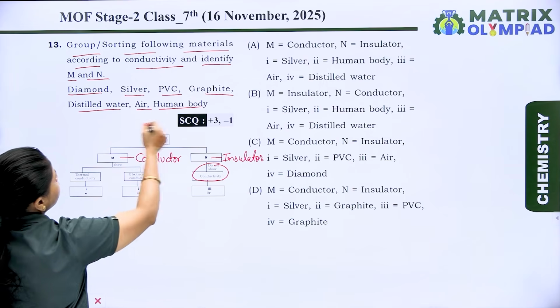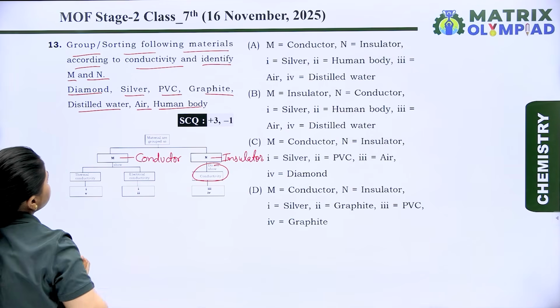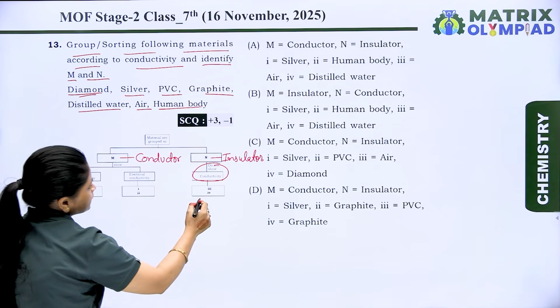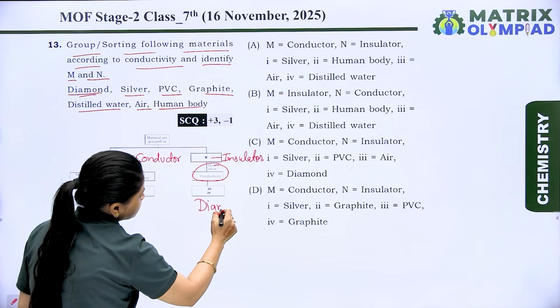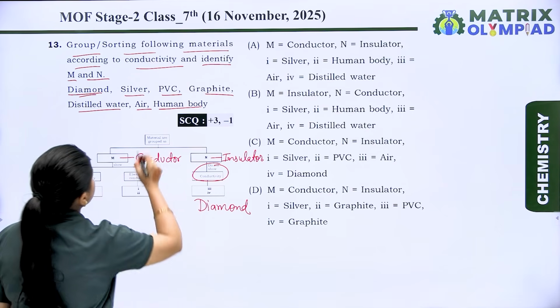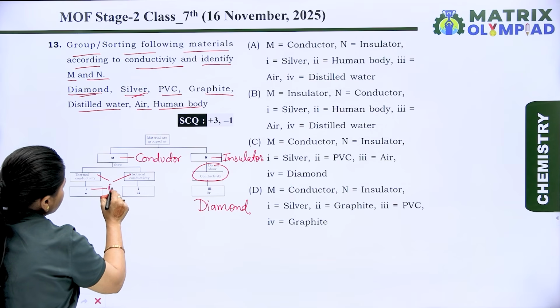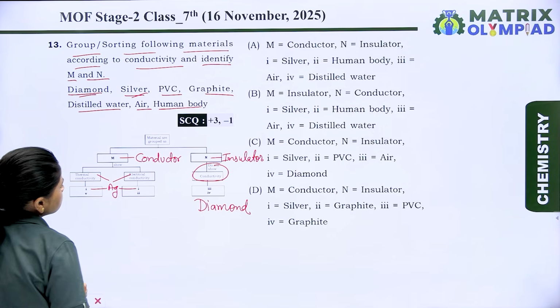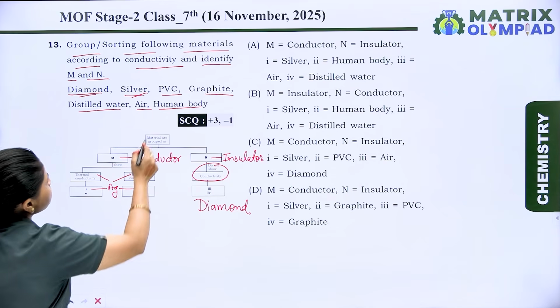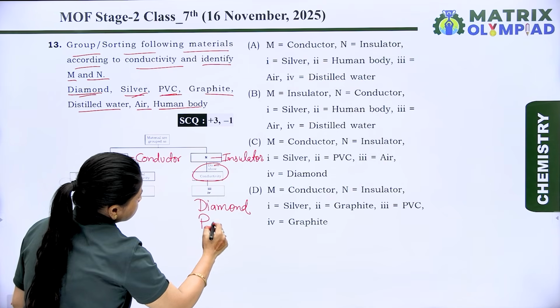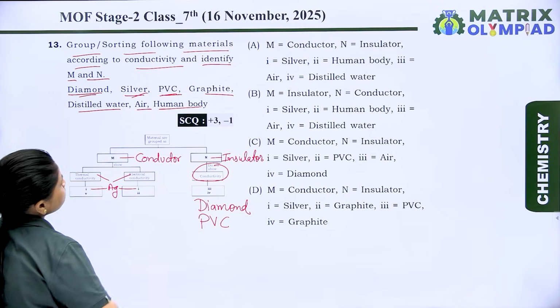Now we have to arrange them. Diamond is taken as insulator. Silver can show both, so it can be taken as first. PVC is non-conductor.